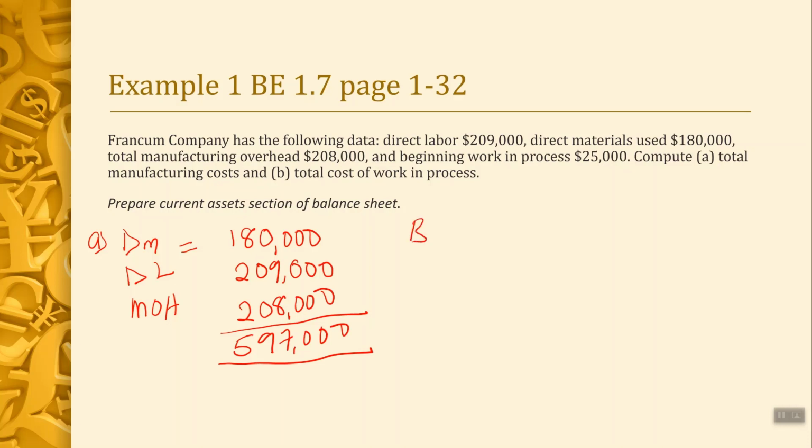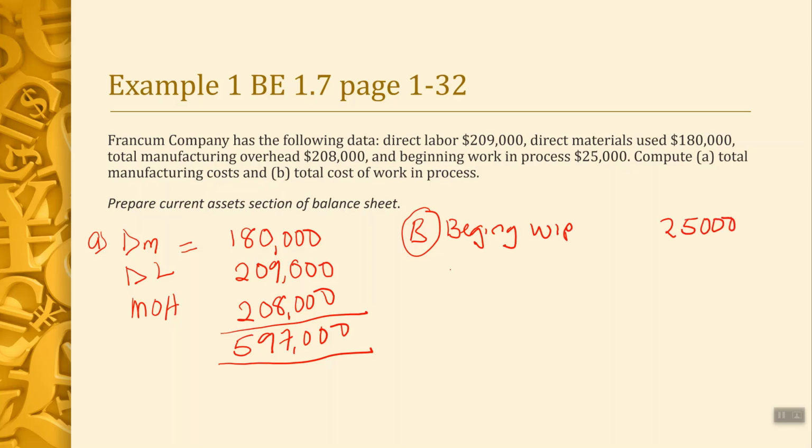Okay. That hopefully was your answer. And then for B, we're told to compute the total cost of work in process. So the total work in process is going to be the addition of your total manufacturing cost plus your beginning work in process. Here we have our beginning work in process to be 25,000.